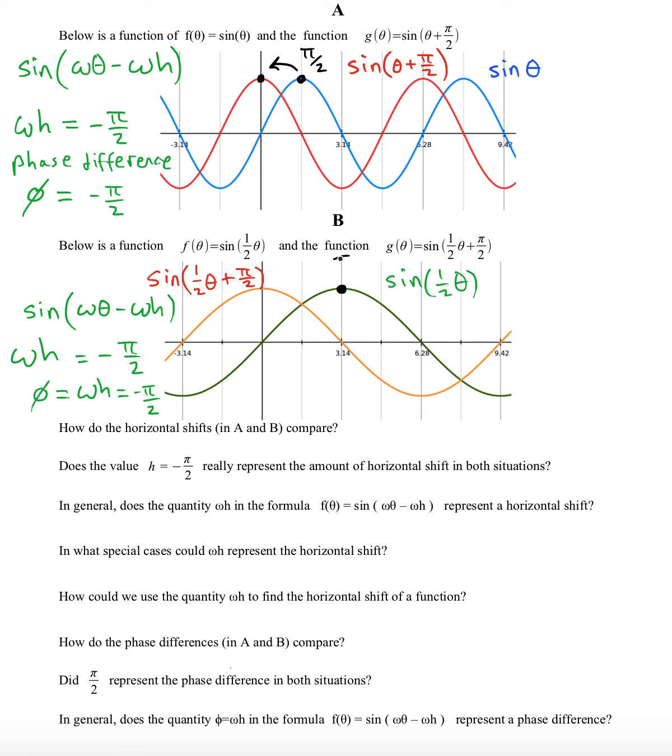But that guy is also in a phase of pi over 2 when it comes to the sine curve. 1/4 of a cycle has been completed. And so how much does this shift? It also shifts by pi over 2. So they have the same phase difference.